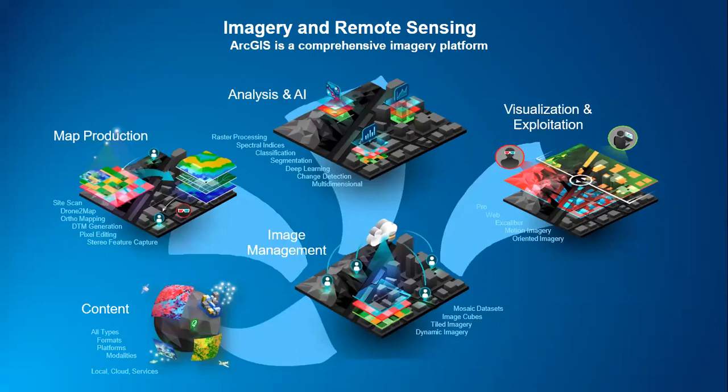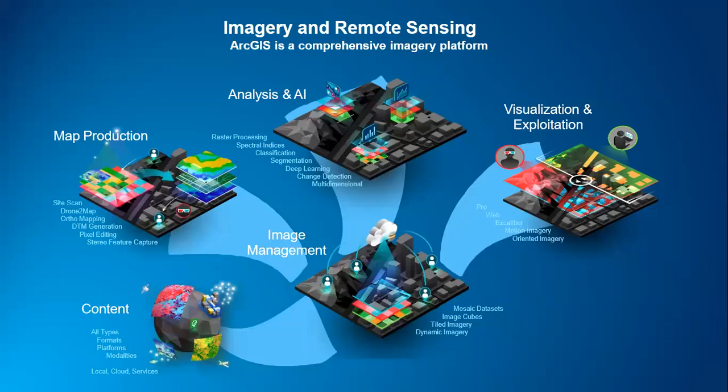Then afterwards, you can also create a map from auto mapping, that is 2D imagery, DTM and DSM generation, pixel editing, and also stereo feature capture, maybe if you've utilized, let's say, an RTK.